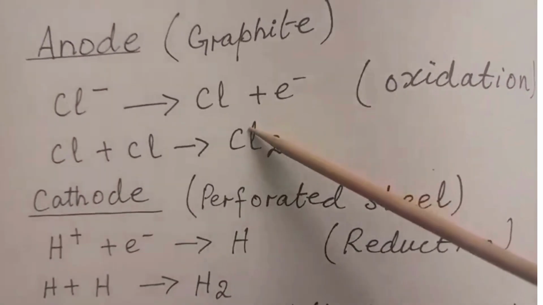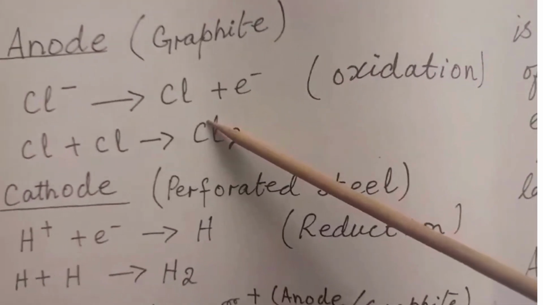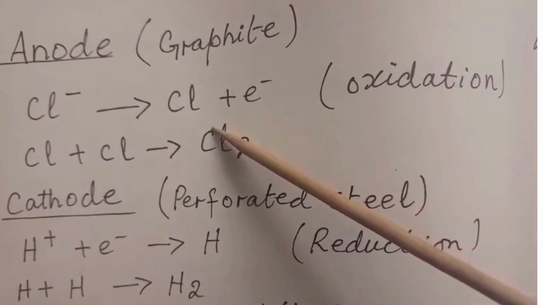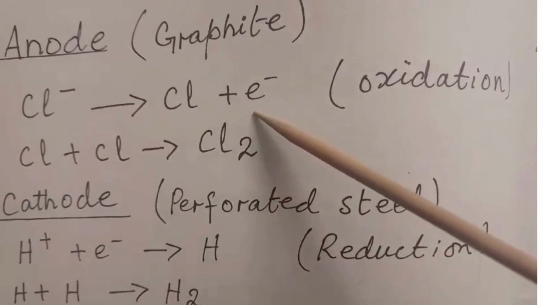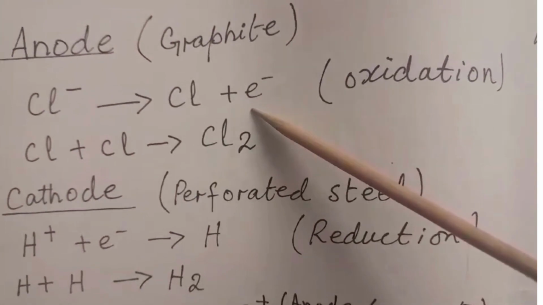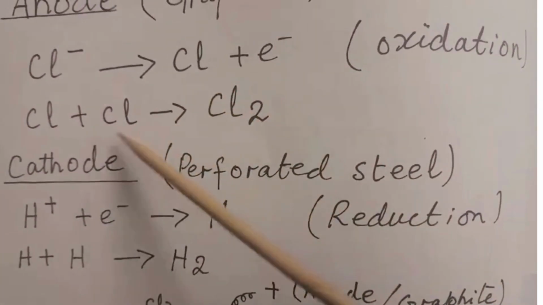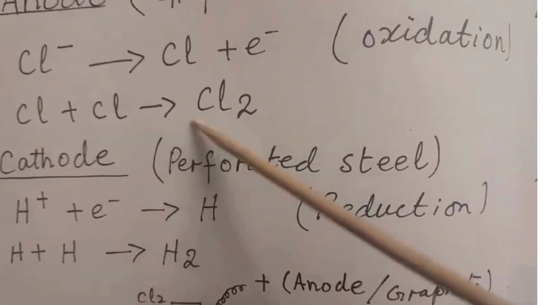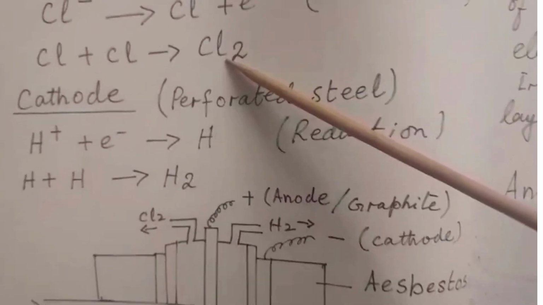But as the concentration of chloride ion is more, chloride ion is going to get discharged at anode. So it is going to lose the electron and make the neutral chlorine atom, and the two chlorine atoms combine and make the chlorine molecule Cl2.